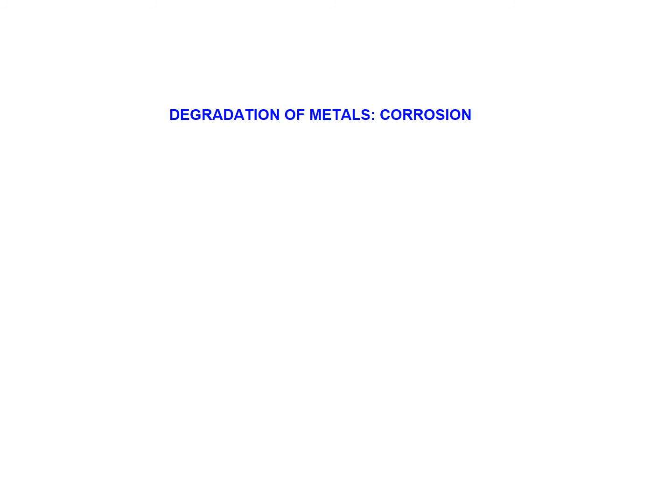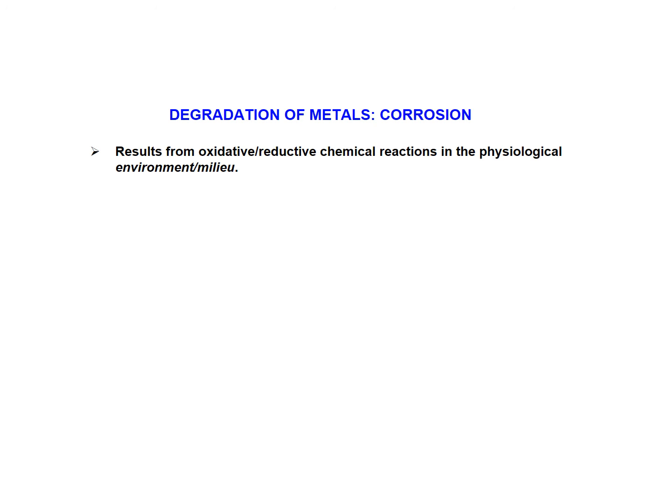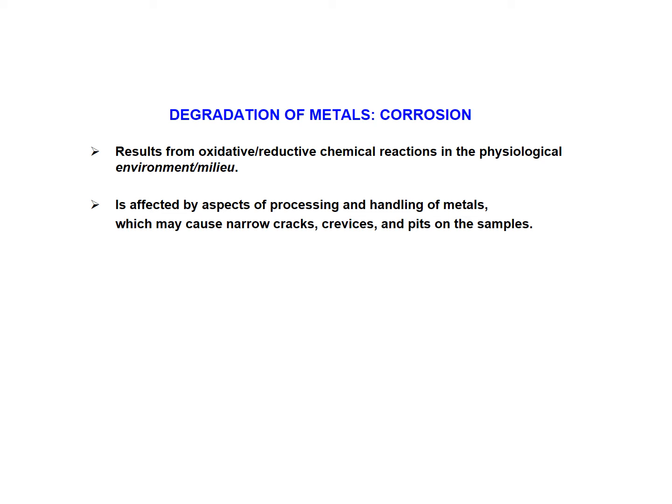In the case of implantable metals, the process of degradation is known as corrosion. This results from oxidative reductive chemical reactions which take place in the physiological environment or milieu. The process sometimes is affected if the handling of the metal specimen is not done carefully and it causes, for example, cracks and crevices and pits.